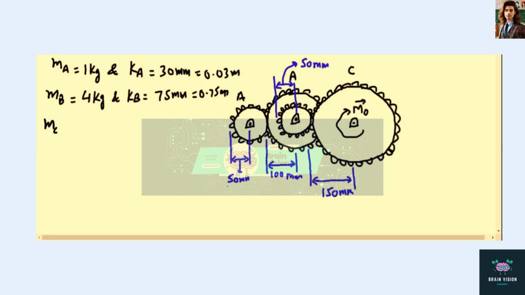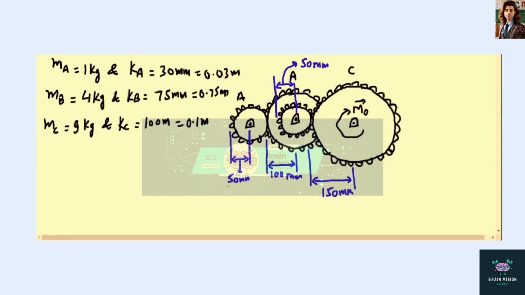The mass of gear C is given as 9 kg and its radius of gyration is 100 millimeter, that is 0.1 meter. The radius of each gear is as shown in the figure.